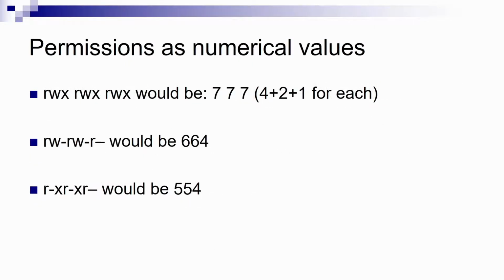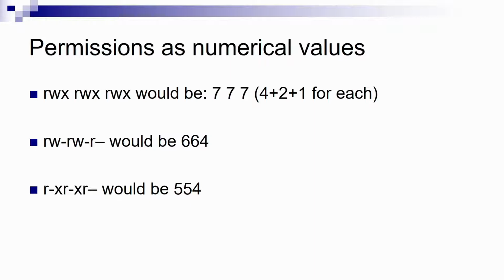Here is how you would look at it. For example, for a file that would have all the permissions, so RWX, RWX, RWX, the final permission number would be 777. This is because R is equal to 4, W is 2, and X is 1. So this is a 7, and we have 3 of them, so we have 3 sevens.